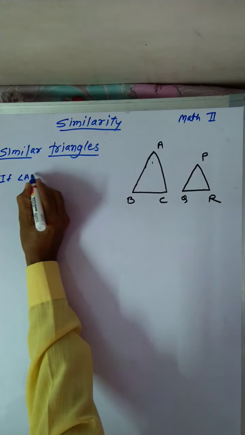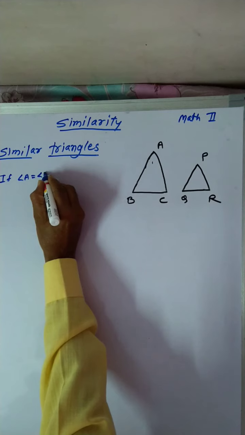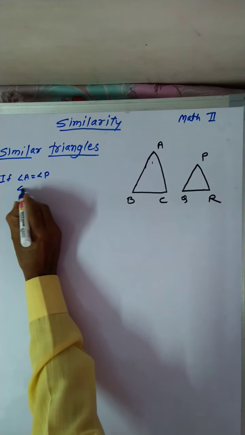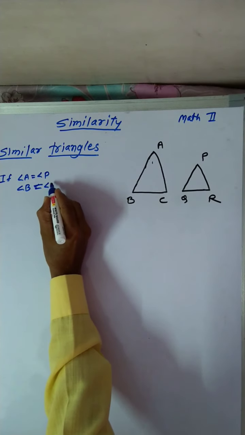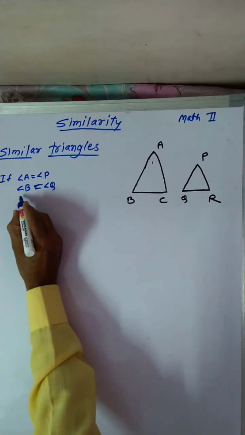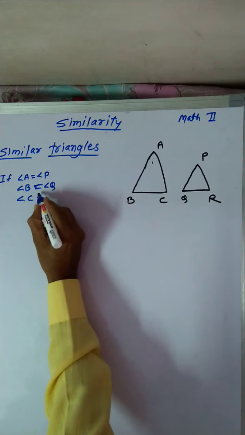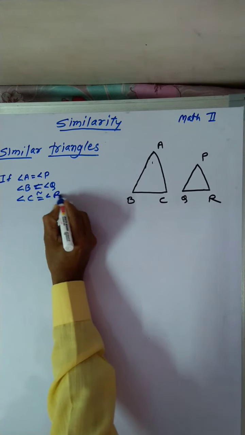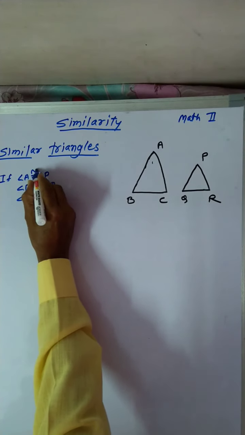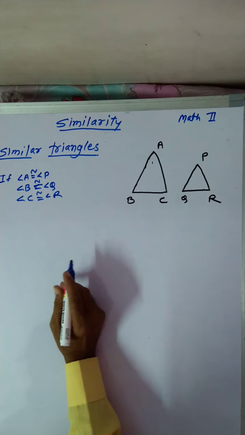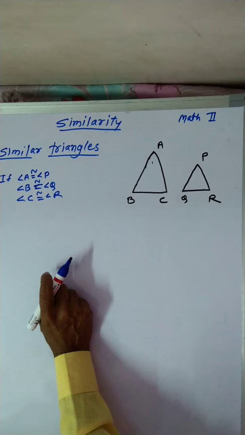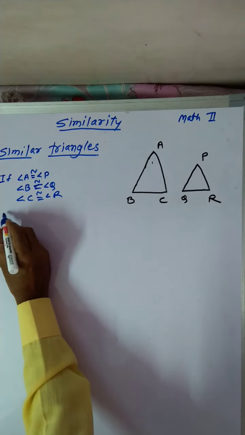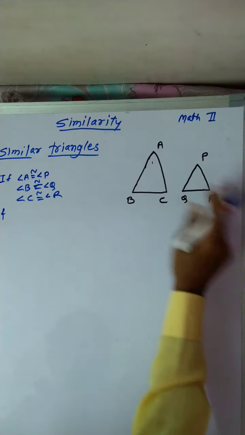angle A is congruent to angle P, angle B congruent to angle Q and angle C congruent to angle R, and the sides are in proportion.